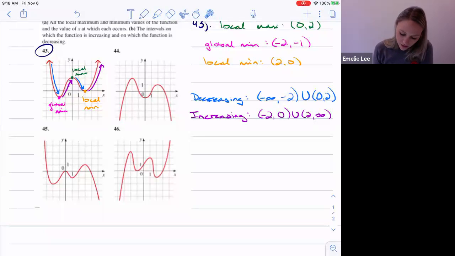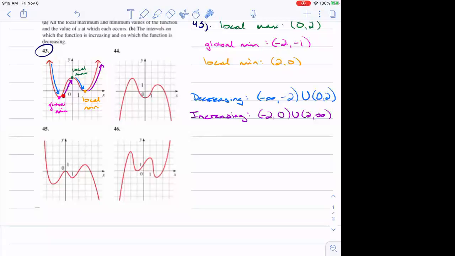We use curved brackets because at the minimums and the maximums, the slope is actually 0, so it's not increasing or decreasing. It's decreasing up until that point, but not including that point. Okay, then I see. Same for the increasing. Cool. I think I get it.